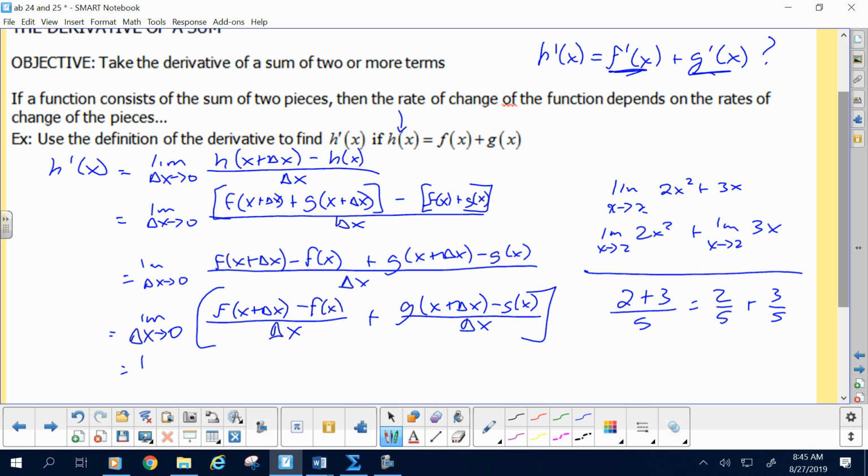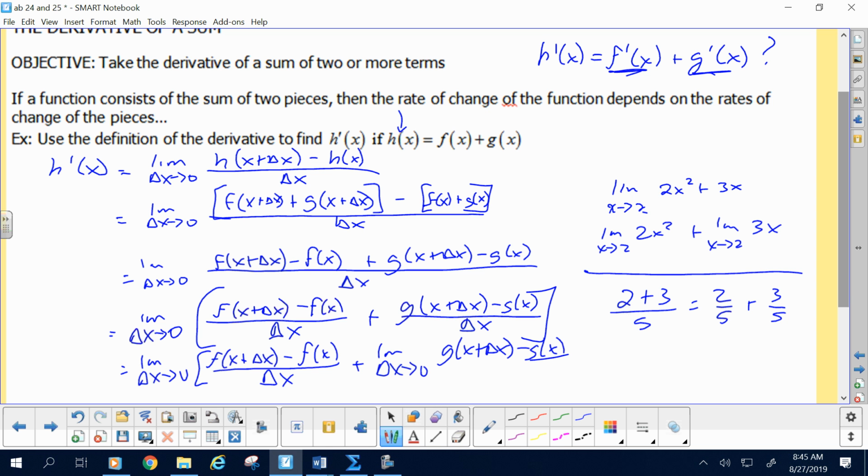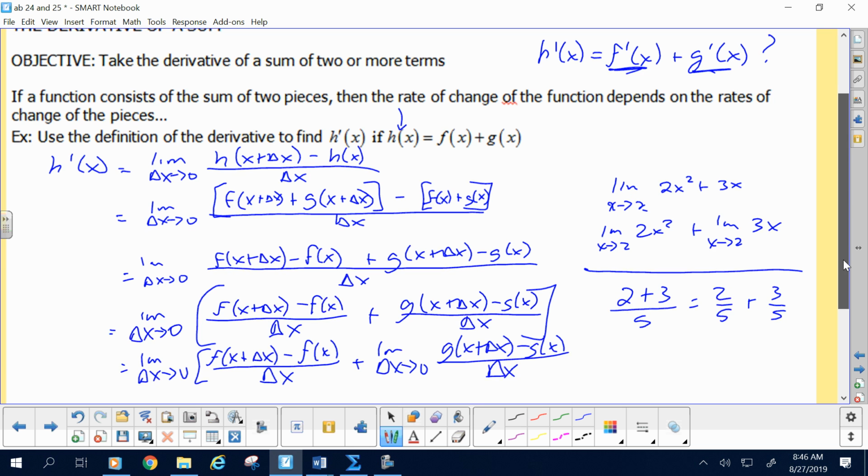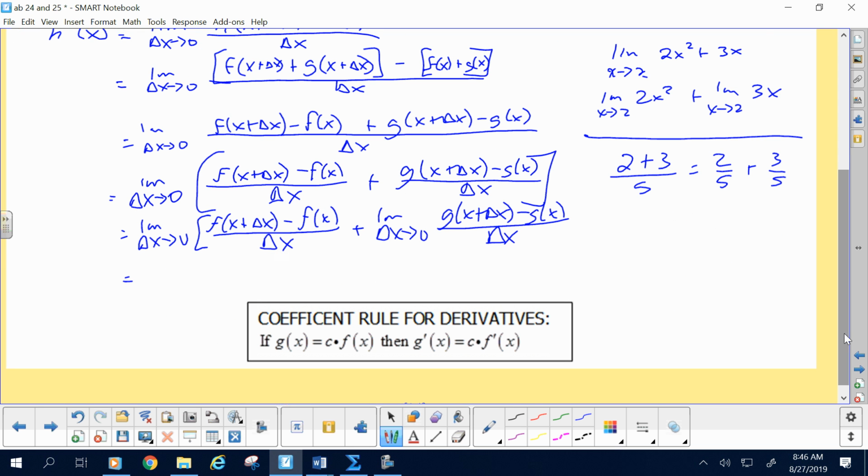So that is the limit as delta x goes to 0 of f of x plus delta x minus f of x over delta x, and then another limit as delta x goes to 0 of g of x plus delta x minus g of x over delta x. Well, by definition of the derivative, the very definition, this is the derivative of f. This is f prime. And by definition, this is the derivative of g. This is g prime.